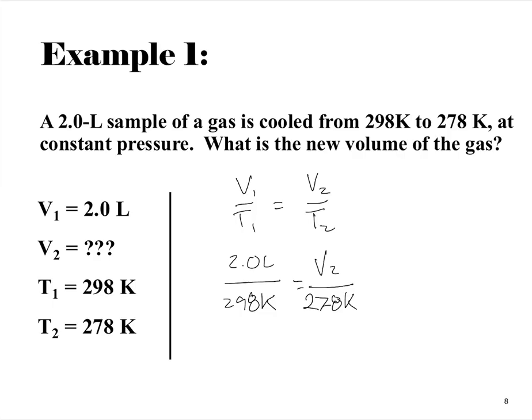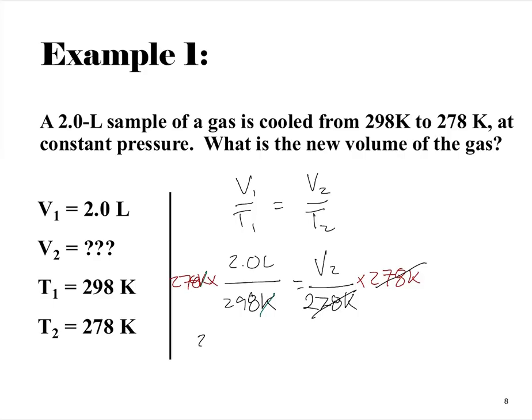Multiply by what? 278 Kelvin on both sides. What happens to 278 on the right side? It cancels out. And on the left-hand side, what happens to our units of Kelvin? They cancel out. So what unit are we left with? Liters. And does that make sense? It does, because we're trying to solve for a volume.